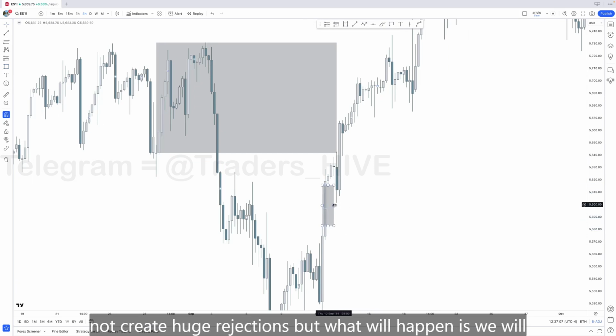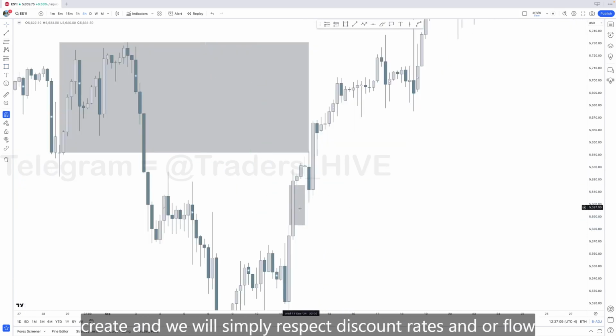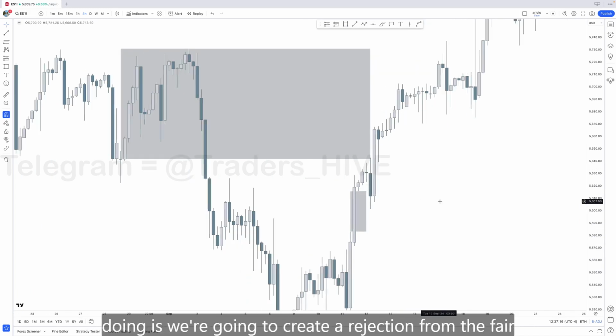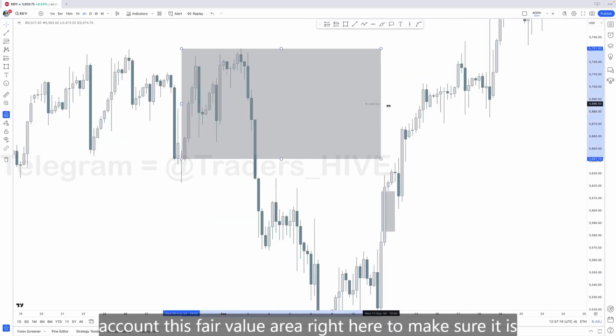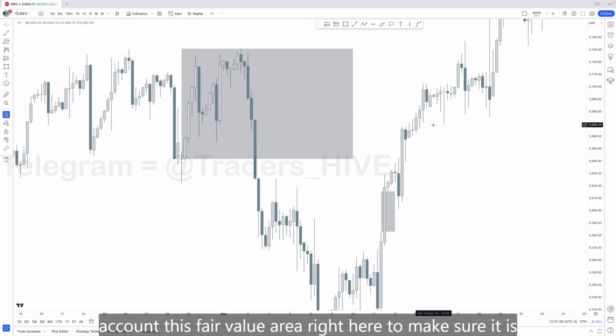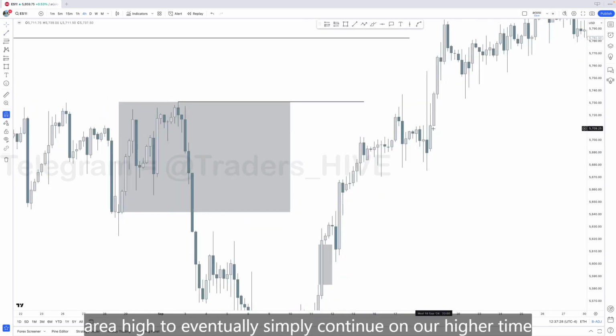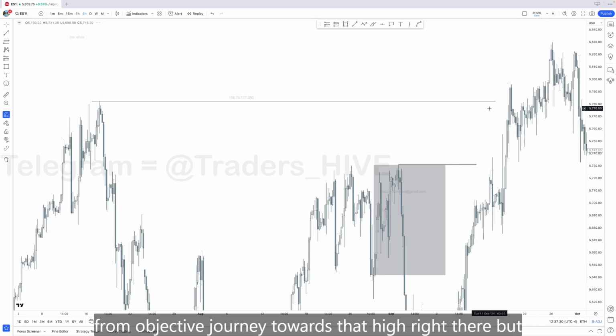But what will happen is we will simply respect discount rates and order flow right here, bullish order flow to continue higher. So what we're doing is we're taking into account this fair value area to make sure that we're not offering fair value anymore, that it is getting disrespected, to eventually target the fair value area high, to eventually simply continue on our higher time frame objective journey towards that high right there.